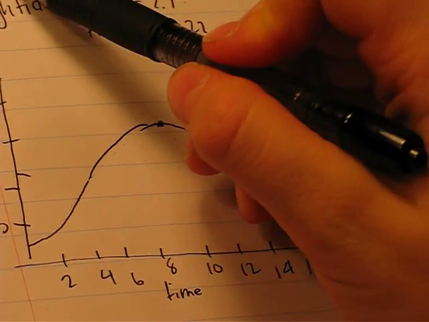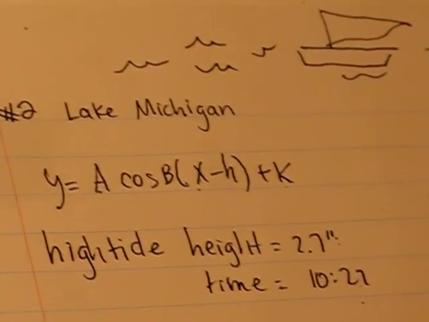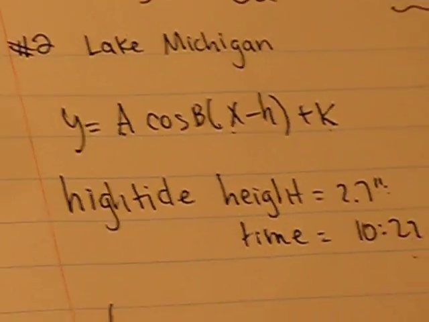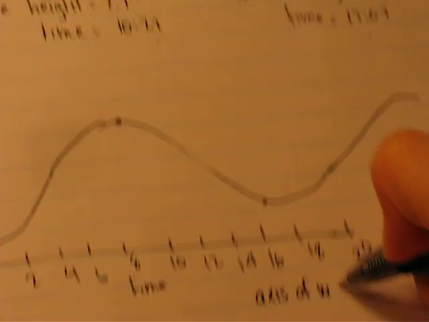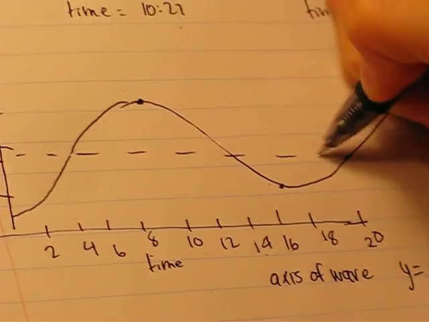Now we need to find all of these variables so we can fill in the general equation. First of all, the axis of wave, which is the line that splits the graph in two, is y equals 1.55. Goes around here.